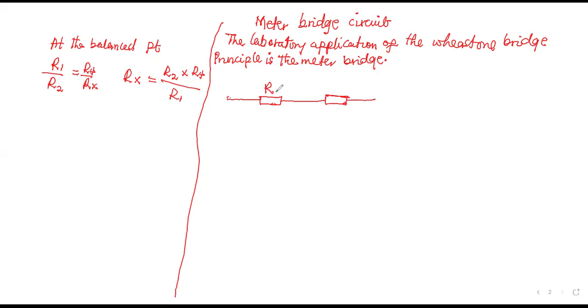So R1, R2. Then this is connected to a length of wire, a wire of length 100 centimeter or 1 meter, on that wooden board.